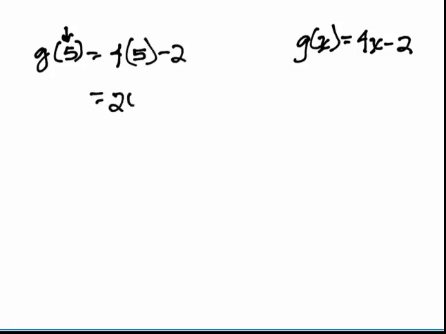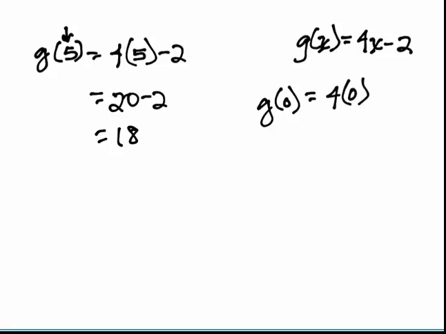We would have 20 minus 2, that is 18. Get the idea now? It's just a pattern. So g of 0 would be 4 times 0, then minus 2. So g of 0 would then equal negative 2.